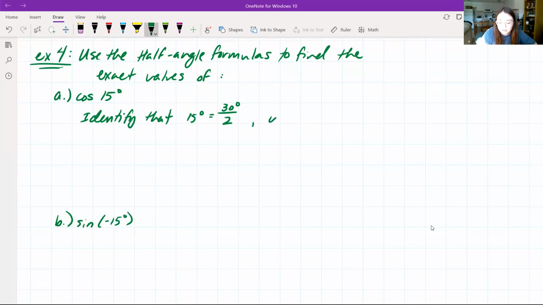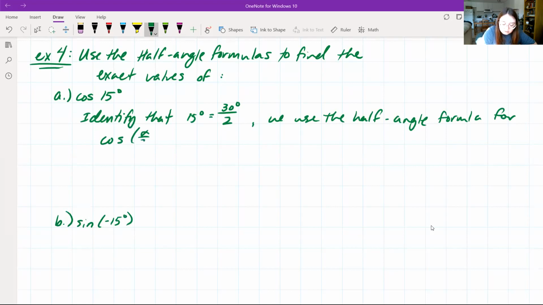So this means that we use the half angle formula for cosine of alpha over 2 with alpha equaling 30 degrees.